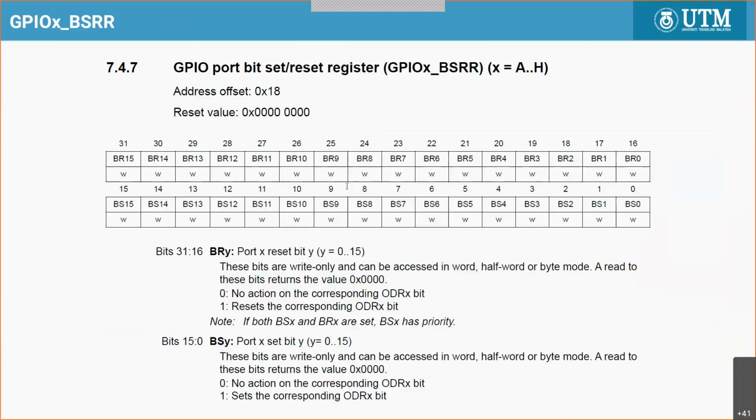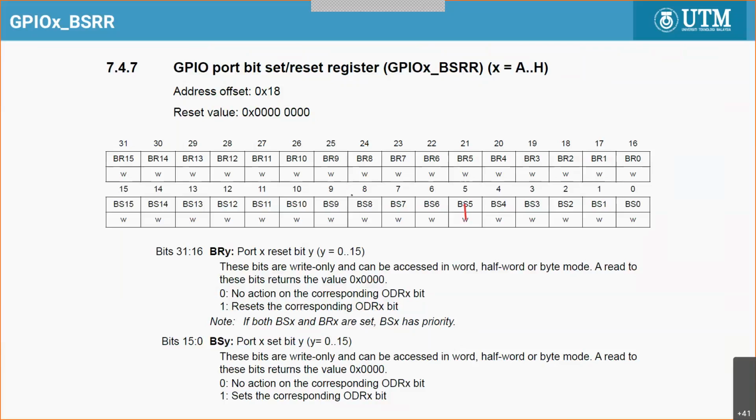Okay, an alternative way to control the pin is using this register BSRR. You can set a bit or clear a bit. So let's say I want to set bit 5. I will go to here and bit S. I would send 1 there.